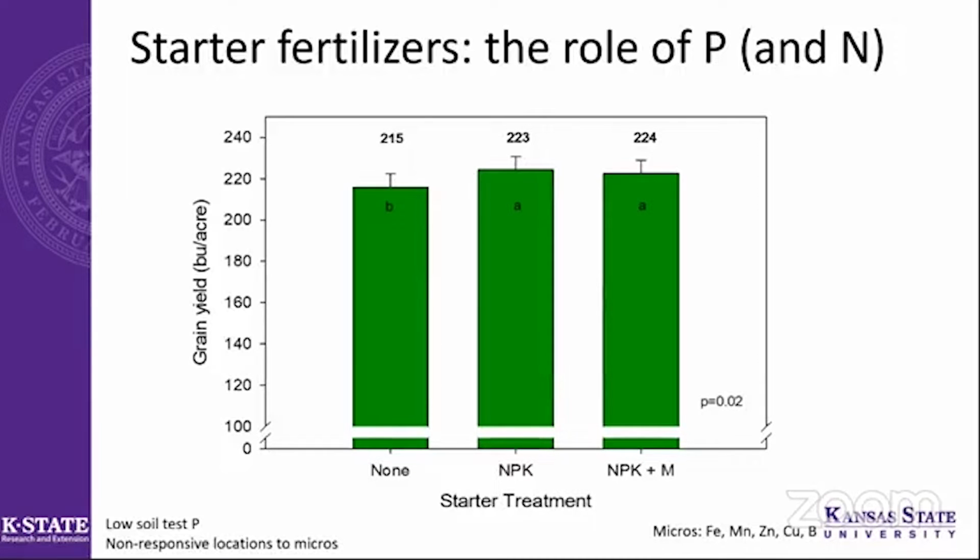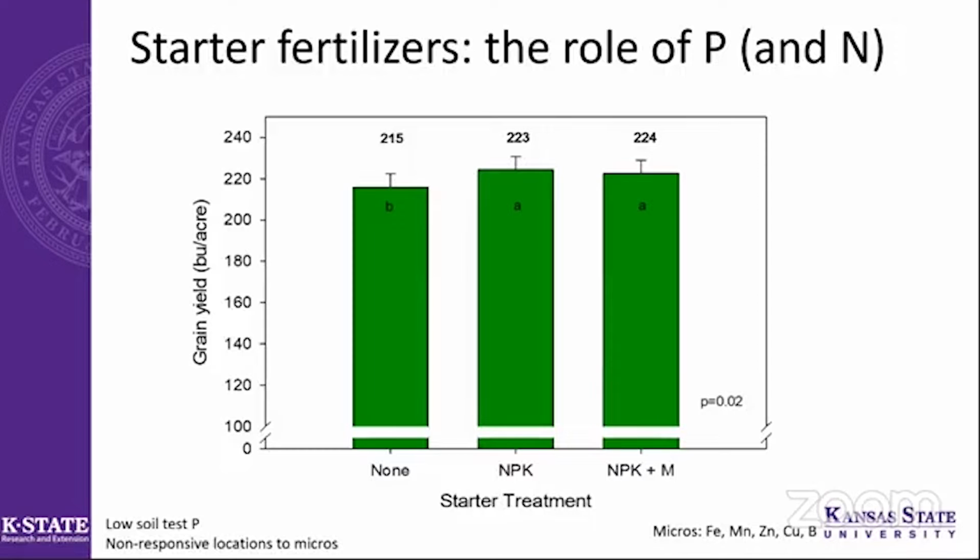One thing I want to emphasize, and the reason why I'm showing this is that we talk a lot about phosphorus when it comes to starter fertilizers. But in reality, we do get a lot of benefit from the nitrogen as well, okay? So it's not just the phosphorus contributing to early growth and establishment, it's also the nitrogen. So, depending on the program you have, if you're putting nitrogen with the irrigation system or split application later, putting some of that nitrogen with the starter can obviously help.